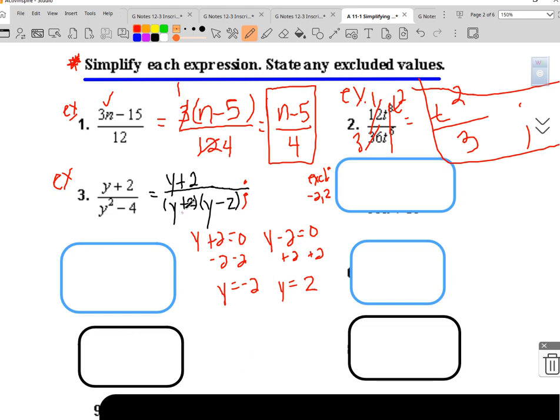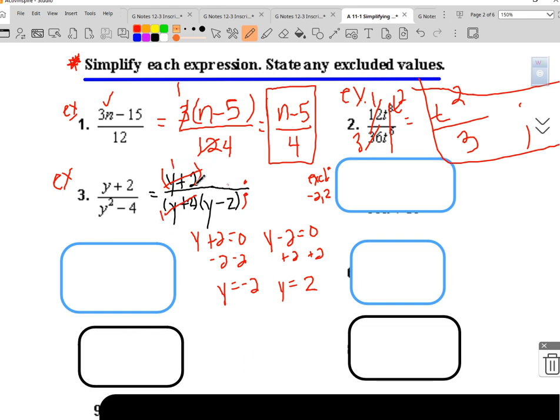Cancel the common factor. So y plus 2 and y plus 2 are common factors in the top and the bottom. Anything divided by itself equals what? 1. 3 divided by 3 is 1. Negative 8 divided by negative 8 is 1. Y plus 2 divided by y plus 2 is 1.